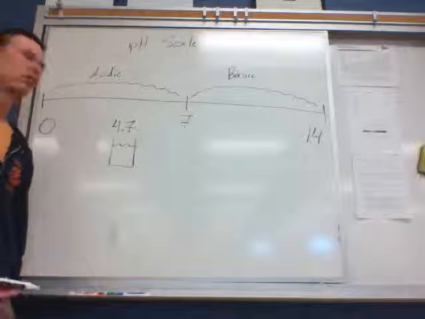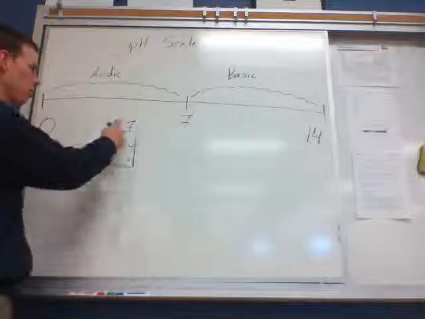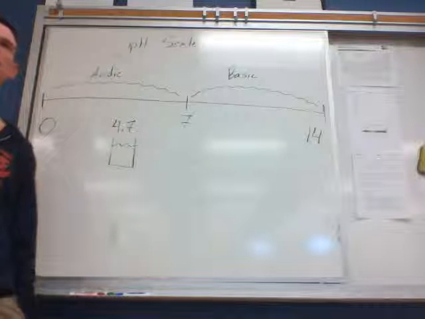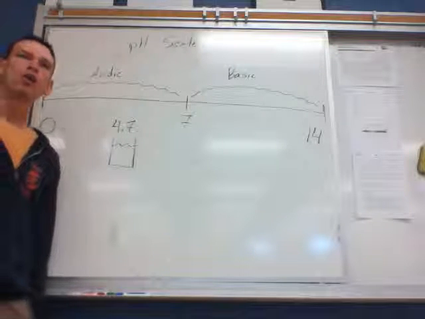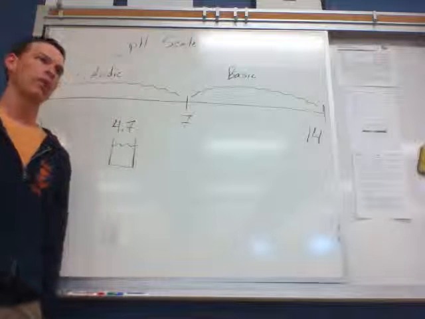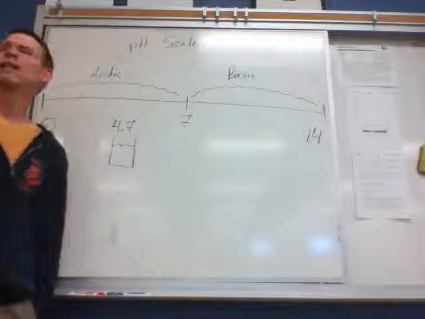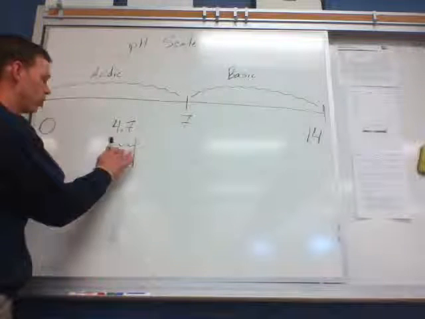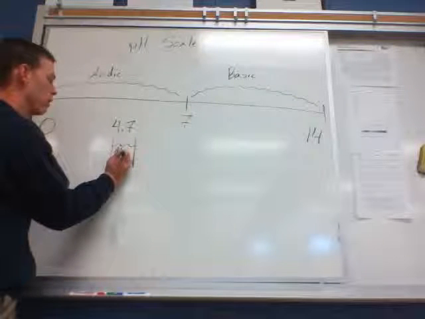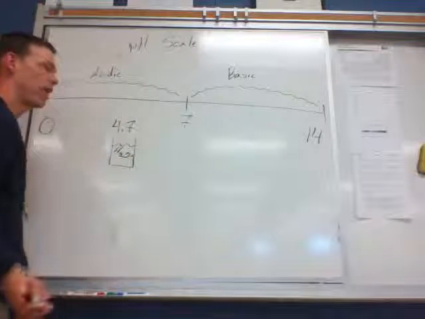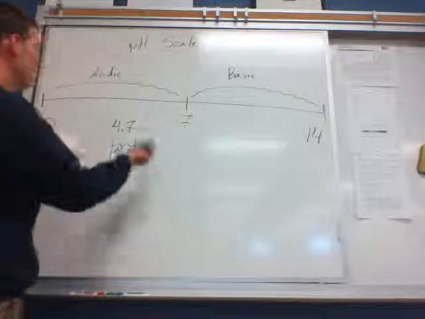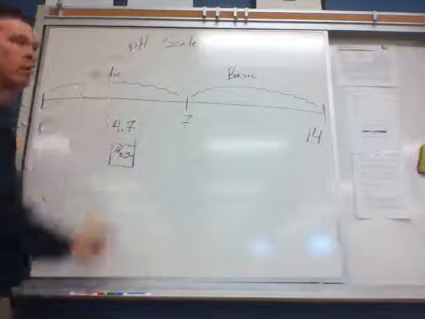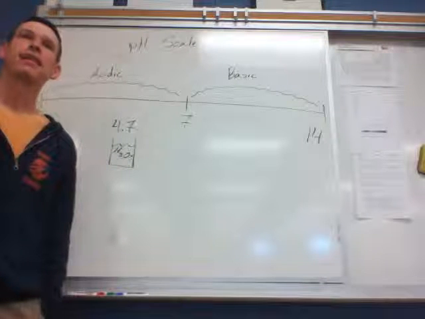Look back at your notes. This solution here with a pH of 4.7, does it have more OH or more H3O floating in him? What's the answer? H3O. There's going to be more hydronium in here than hydroxide, because that's the only way that we would be able to say that he's acidic.